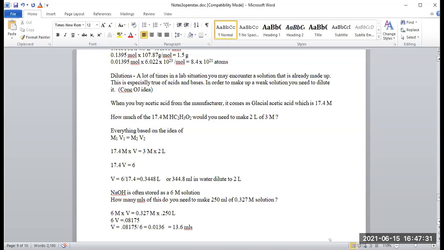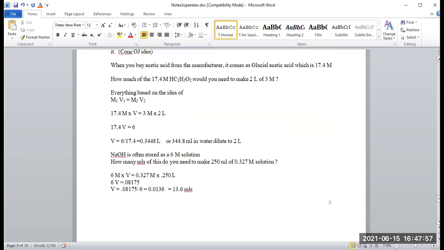Specifically, it's V1, but it's the V. 17.4 into my 6, and my volume is 0.3448 if I left it in liters, or I could move my decimal place and convert it back to milliliters, 344.8. You'd put it in your volumetric flask probably and dilute it up to the 2-liter mark.